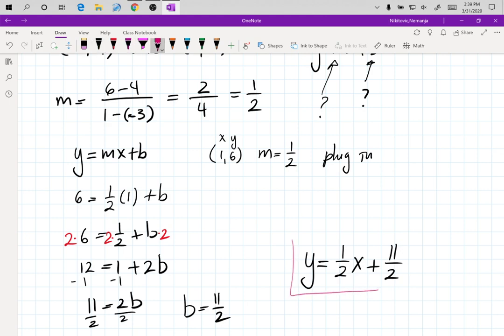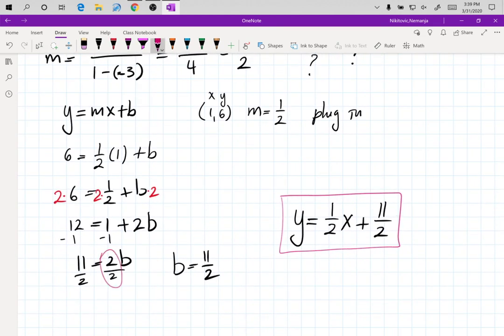We were able to find m, and we were able to find b. The question is, why do we divide by 2? Well, we divide by 2 because we have 2b, right? I have a 2b, and I need b alone.